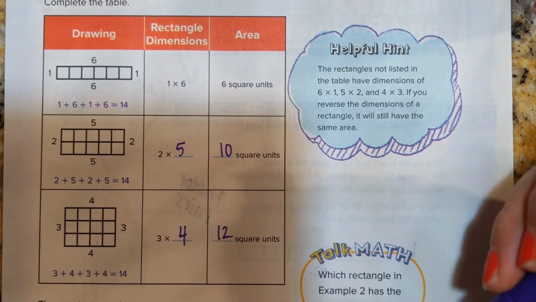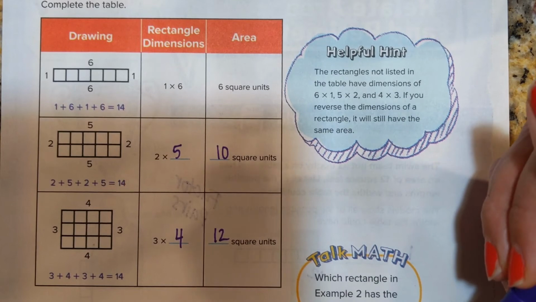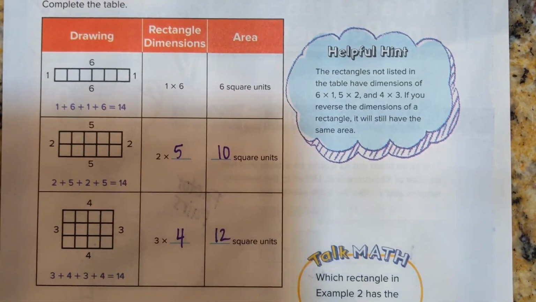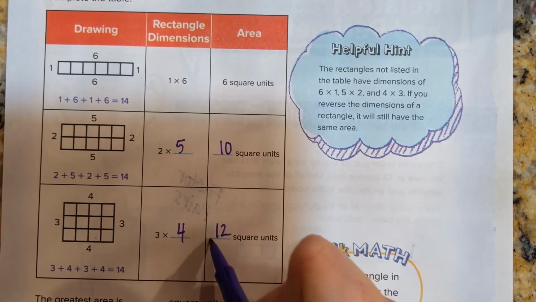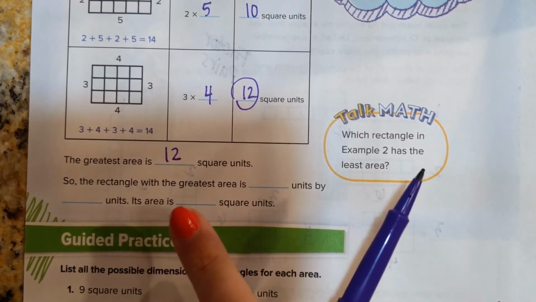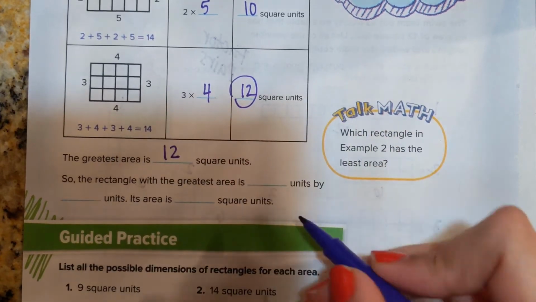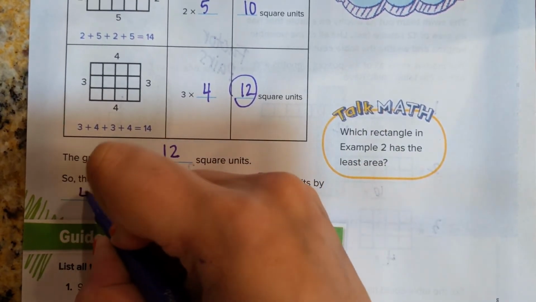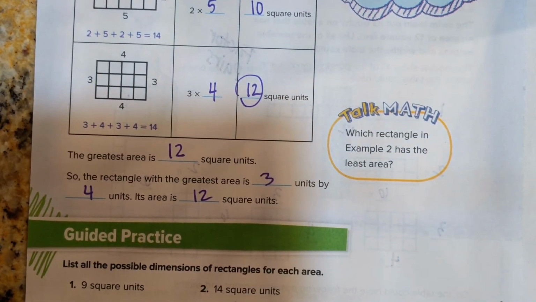So I'm going to make a guess that the closer we get to a square, the larger the area is going to be if the perimeter doesn't change. Okay, and the greatest area is 12. So the rectangle with the greatest area is 3 units by 4 units. And the area is 12 square units.